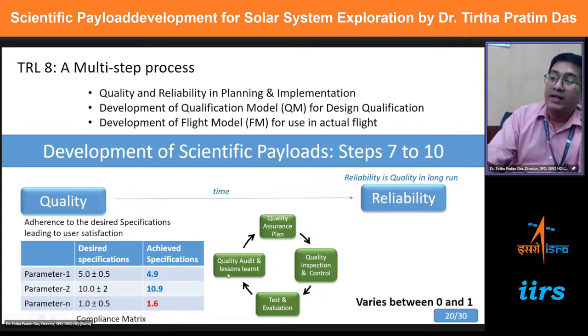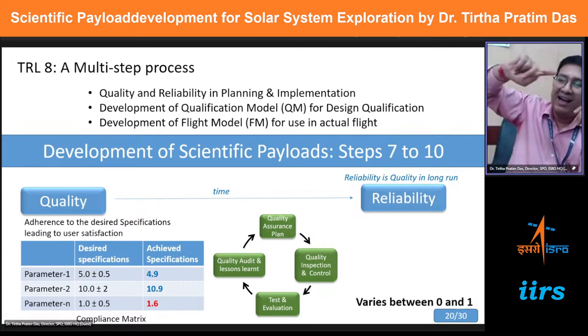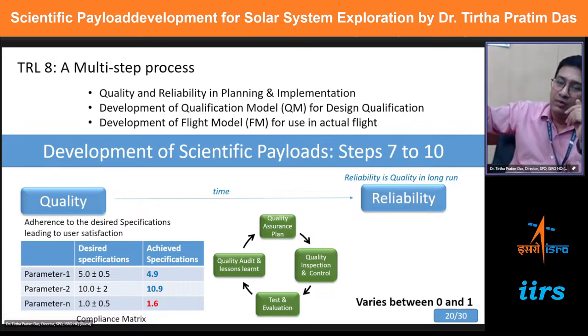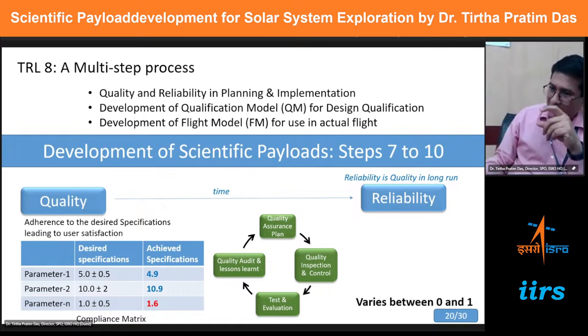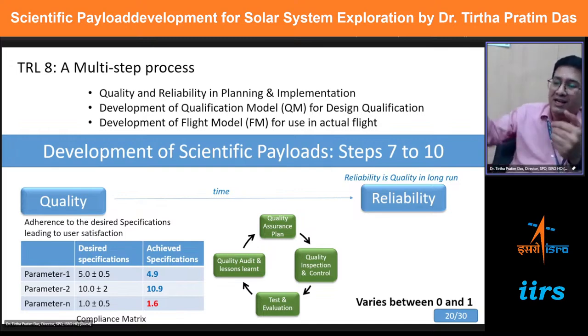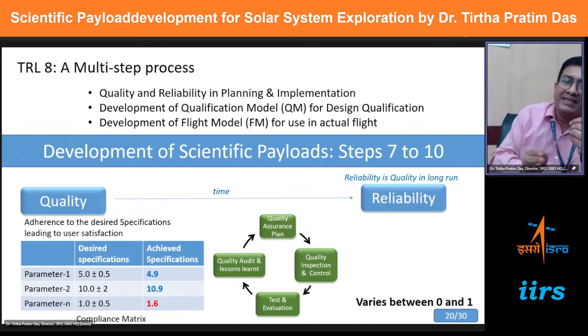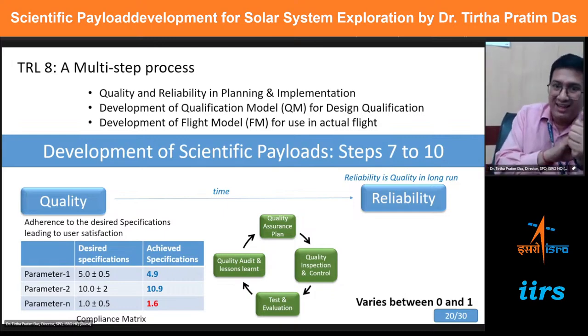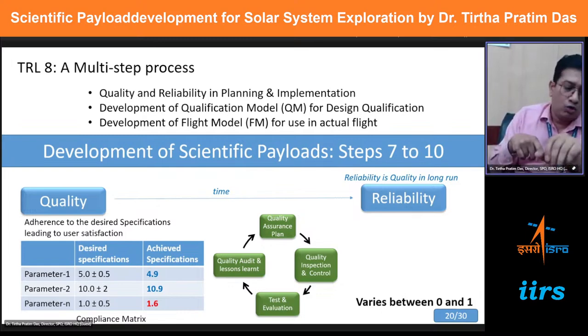And then there is a quality audit, which checks what you planned and what you did, whether you did as per the plan in every step, whether there are certifications from the quality agency, which tell or give confidence about the quality which is carried forward in every step of the development of the instrument, and what lessons you have learned out of this. And these lessons go into the next instrument development.